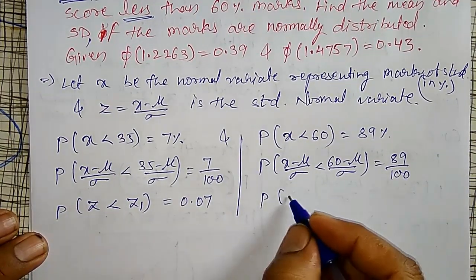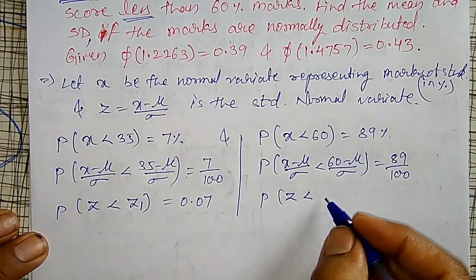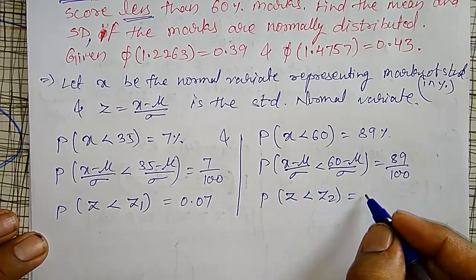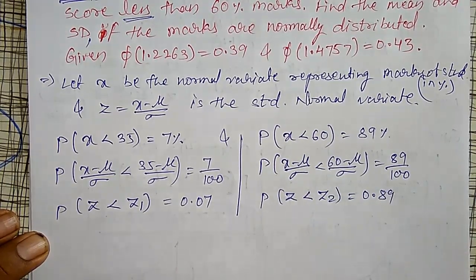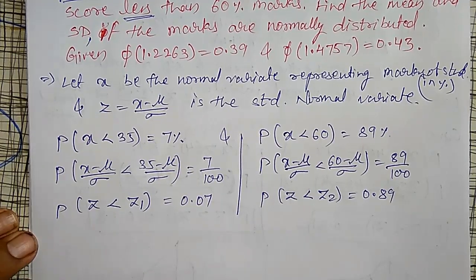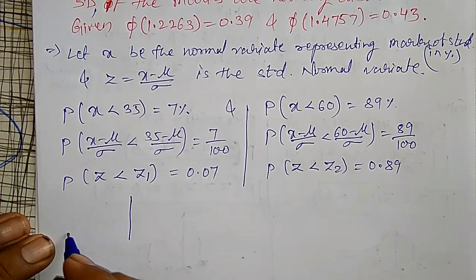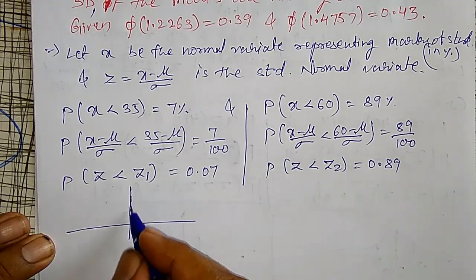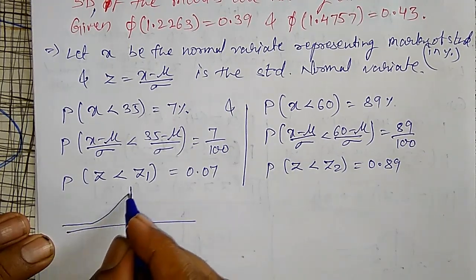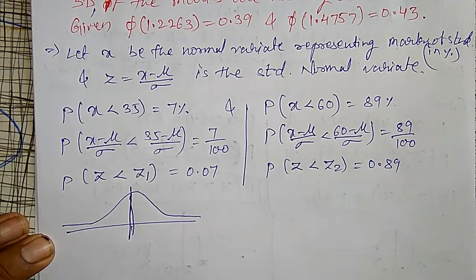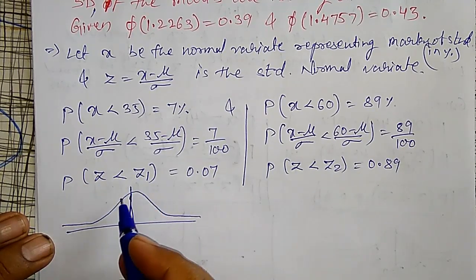That is, probability of z less than z2 equal to 0.89. Then, using the area under the normal curve, let me solve this one by one. Here, to solve this one, let me select the area under the normal curve. Okay, here this is z less than z1.